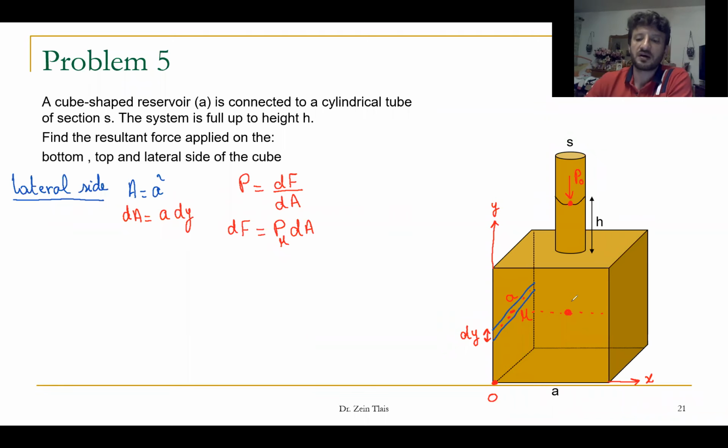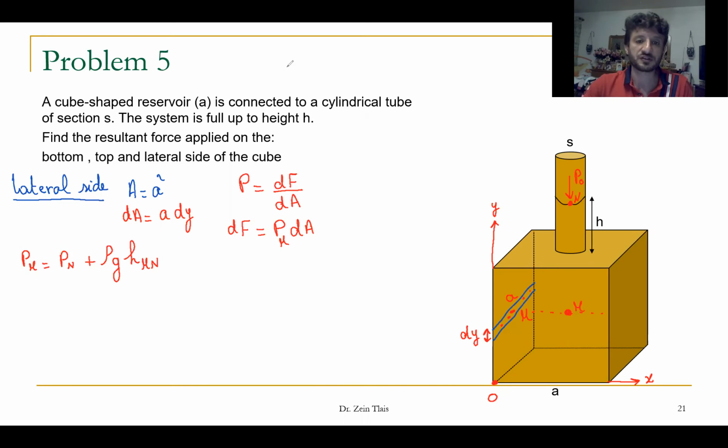Here we have the point M and the point N. So PM equals PN plus rho G h between M and N. You know the origin is here, and we have the Y direction.